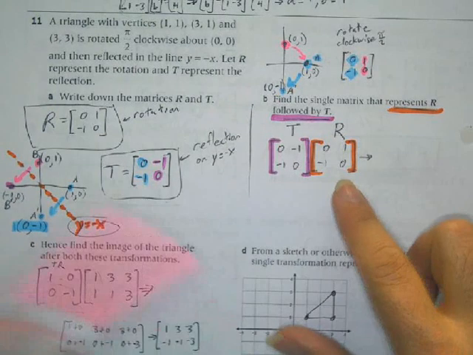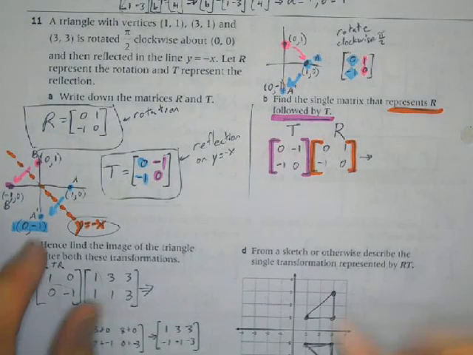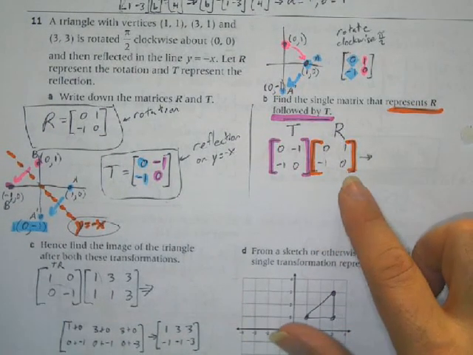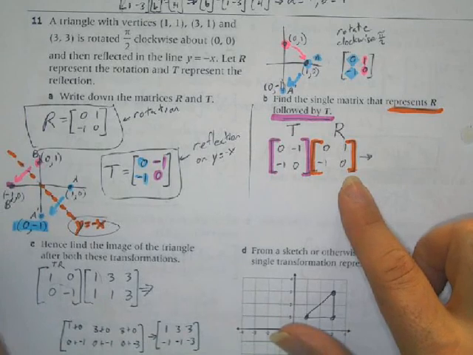It's kind of confusing to think about that. Okay, so if I'm going to write this as a single matrix, let's do that together.